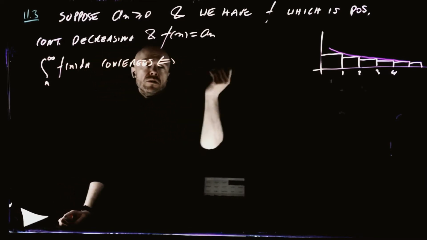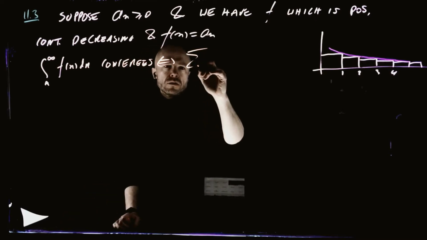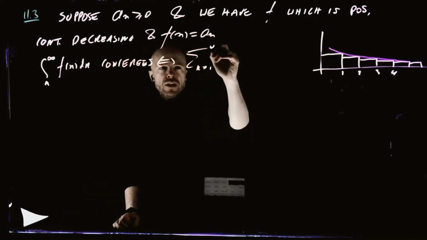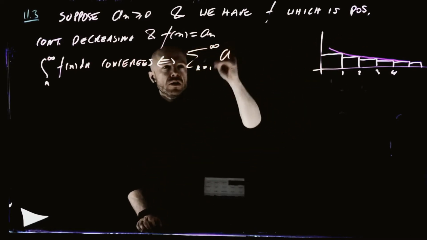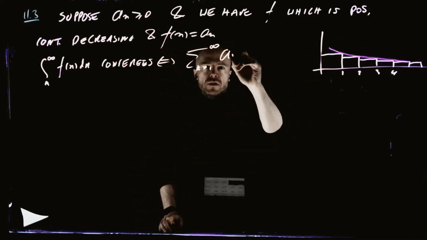This is equivalent to the series converging. Again, we can start from any number because convergence depends on what happens as we go to infinity, so the first, whatever, any number of terms are not important.